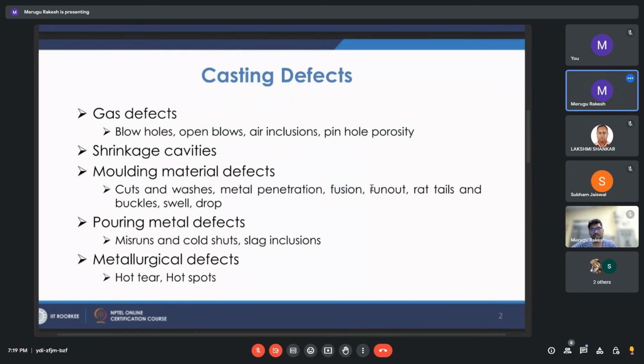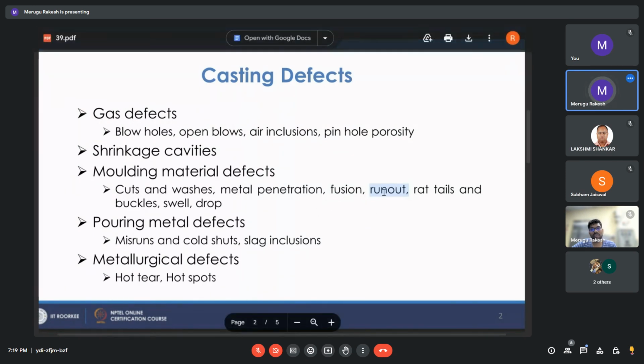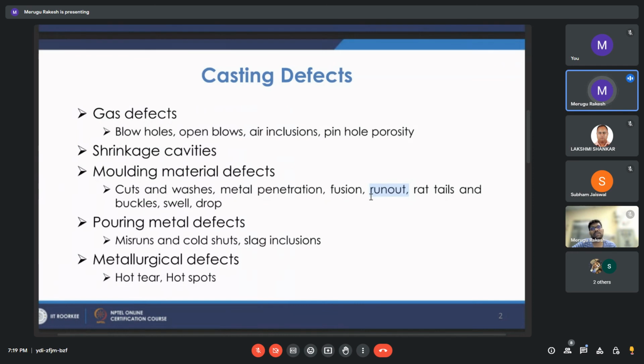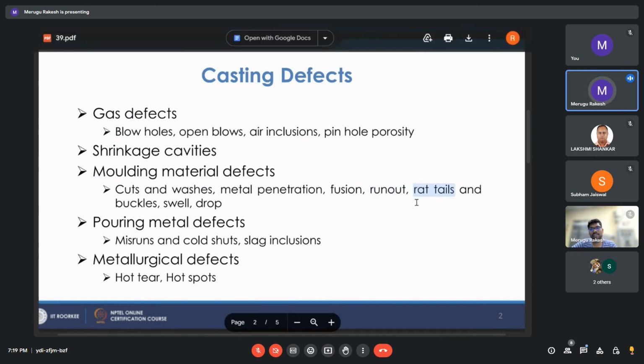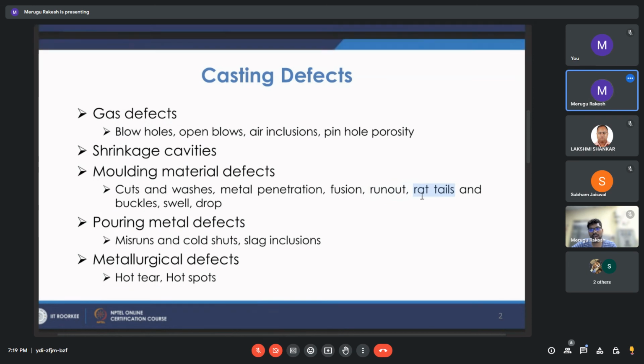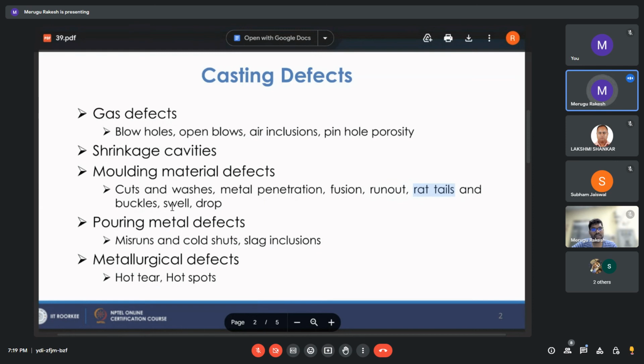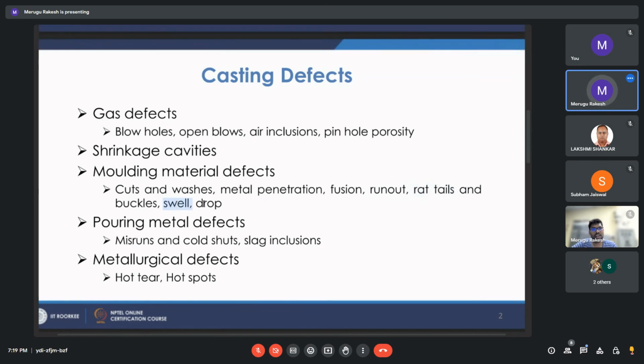Then runout, where the mold is not completely filled. I think that is misrun; we'll discuss what runout is. Then rat tails, which are also projections, but shaped like a rat tail. And buckles, swell and drop.